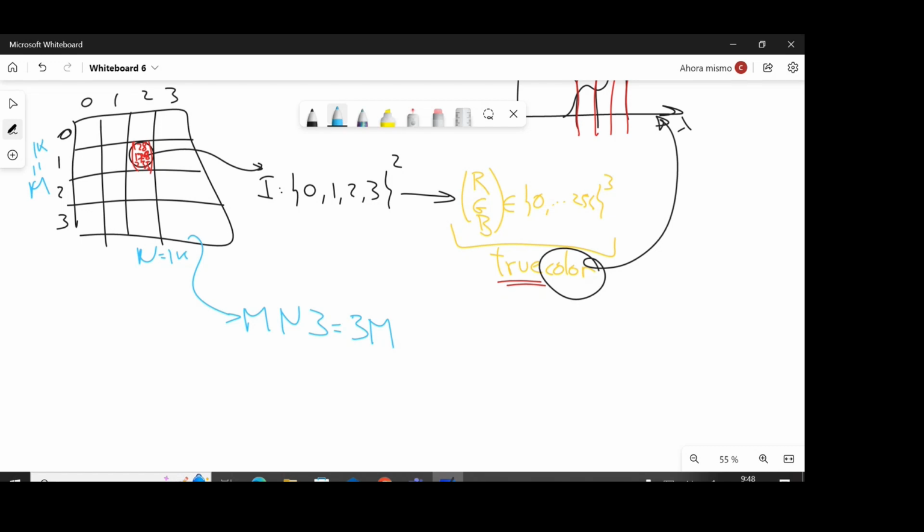I want the same image, or approximately the same image, but now with fewer numbers.